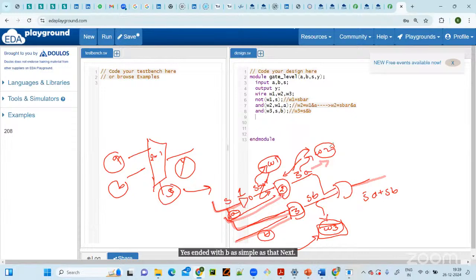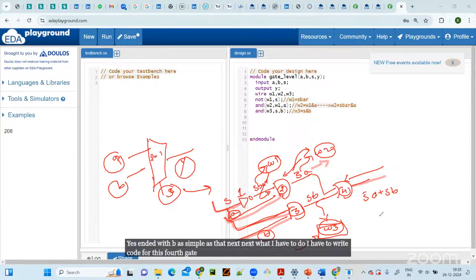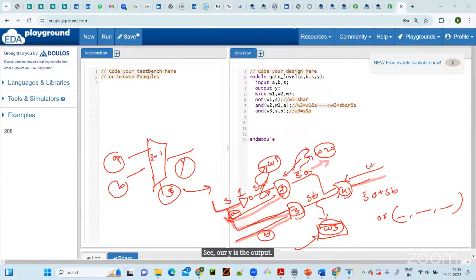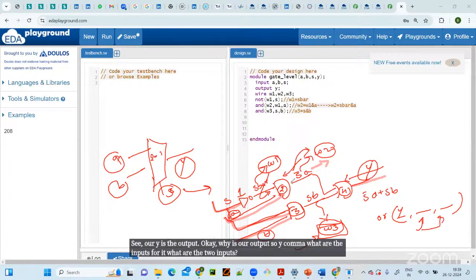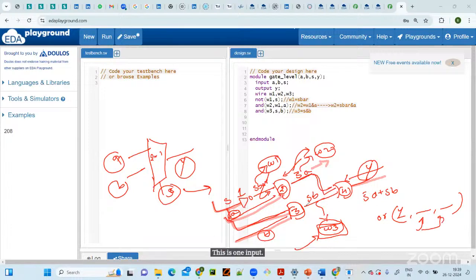Next what do I have to do? I have to write code for this fourth gate, that is the OR gate. So how can I write it? OR of, what is the output? See, Y is our output. So Y comma, what are the inputs for it? What are the two inputs? This is one input. This is the other input.